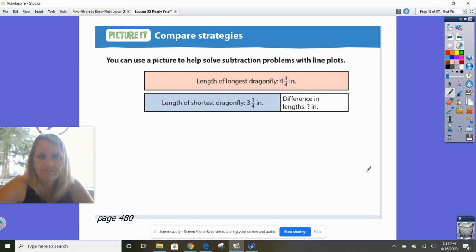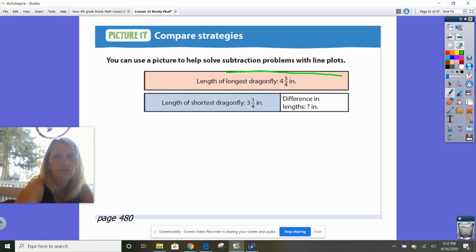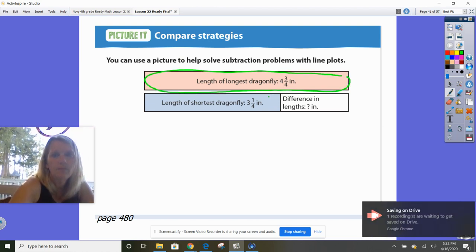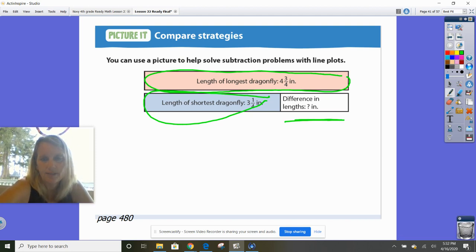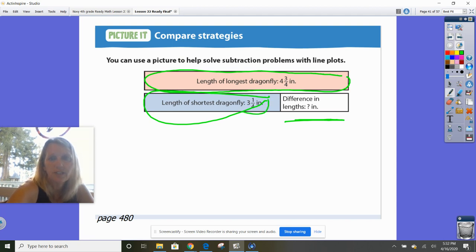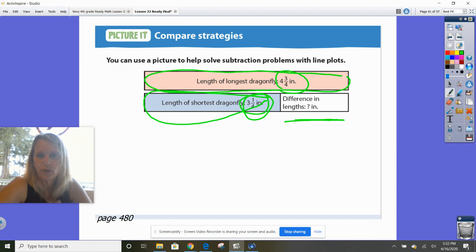Here's the tape diagram. Love the tape diagram. So there's our longest one right there, minus this, and that's the difference right there. So that's a great easy picture way. You wouldn't even need to put all those words there. You could just put the numbers, for those people who like a shorter, cleaner picture way, the tape diagram rocks.